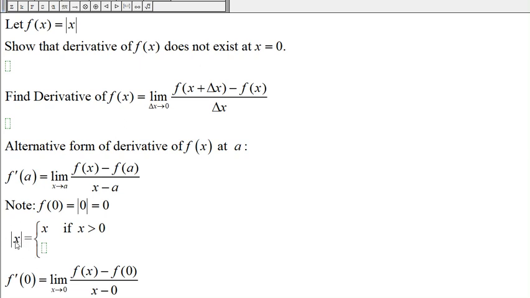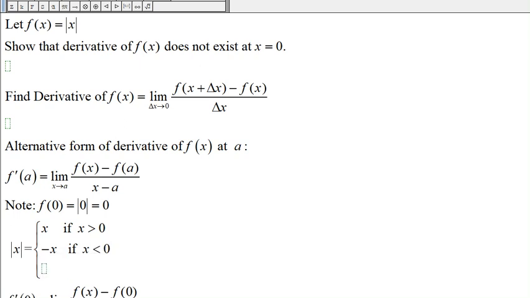So if the number inside the absolute value is positive, then the absolute value of that number is just that number. But if the number in here is negative, then this will be negative x. So for example, if we have a negative 4 in here, then we know that the absolute value of negative 4 is 4. And so if we do negative of negative 4, then we get 4. And so for this, if x is less than 0.